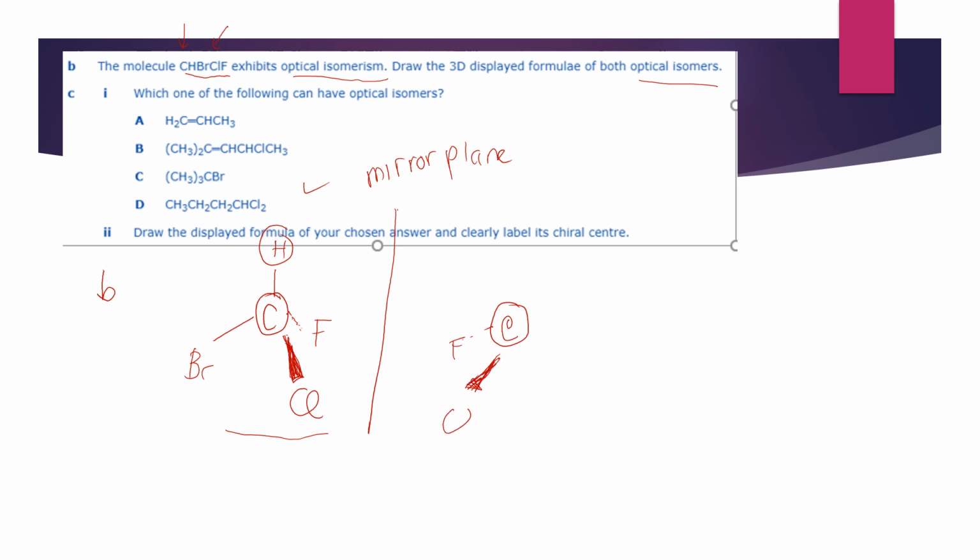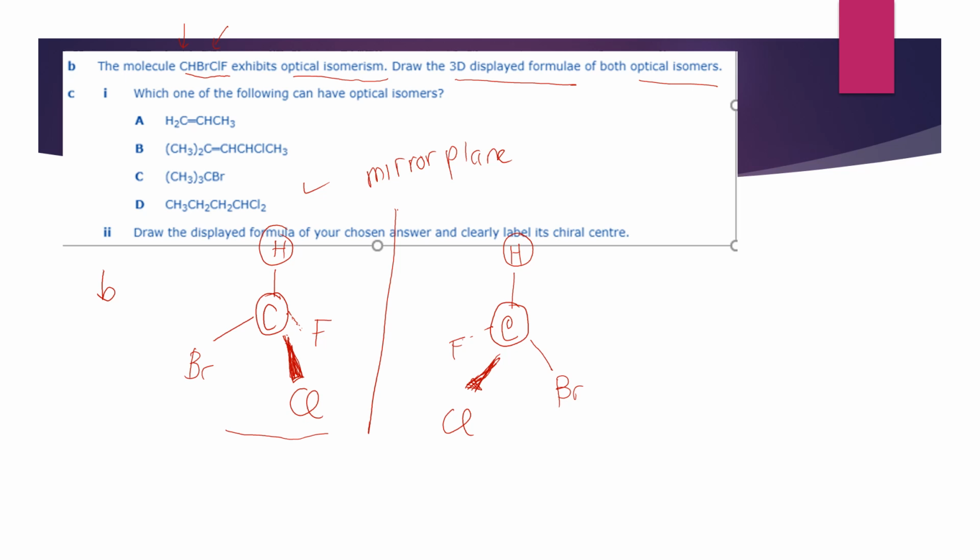This is Cl, and then right now the image of Br here, for the hydrogen still at the top. So this is the 3D displayed formula of both optical isomers.